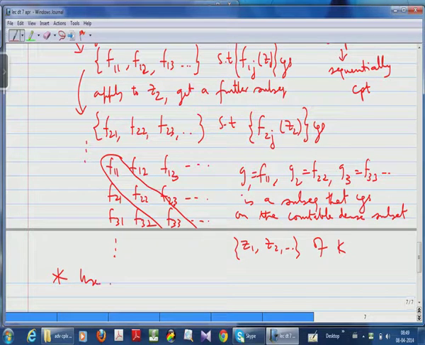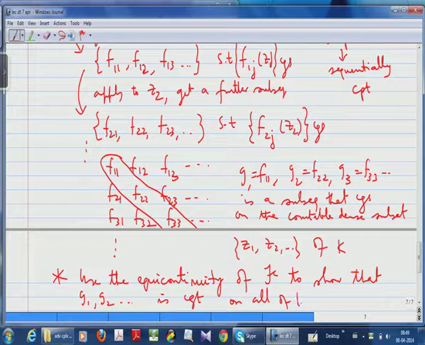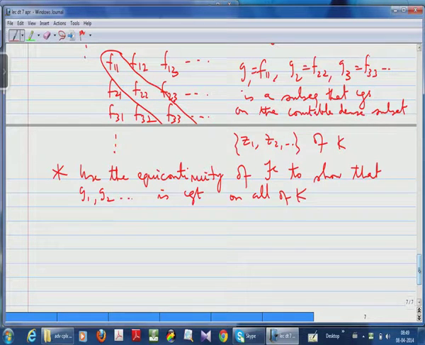So use the equicontinuity of this family script F to show that G1, G2, etc. is convergent on all of K. Okay, so this is exactly as we did in the proof of the Ascoli theorem. I am not going to repeat it.